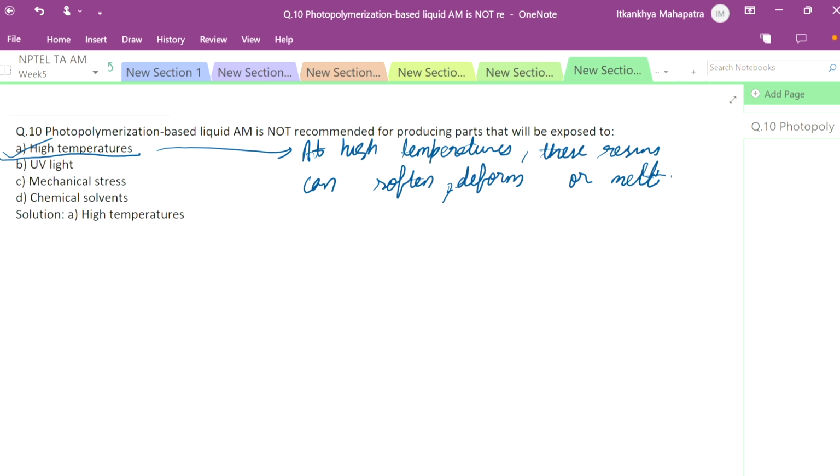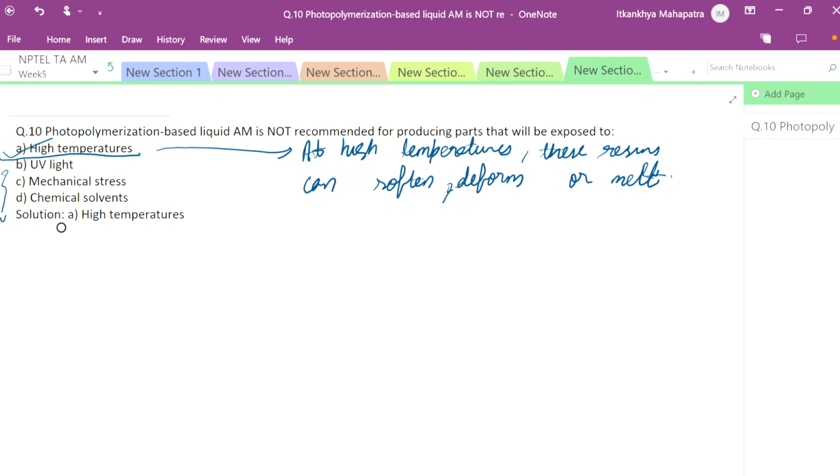Okay, we'll understand why not the other options: UV light, mechanical stress, and chemical solvents. Photopolymer parts are typically cured by exposure to UV light during the printing process, so exposure to UV light is not a concern after curing.